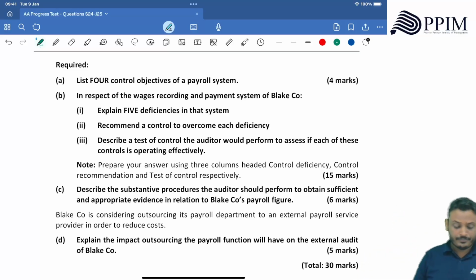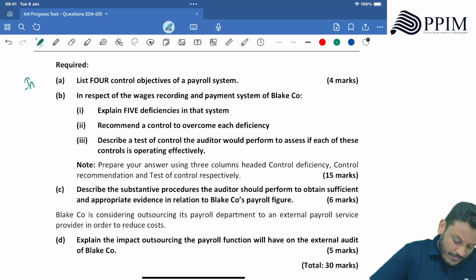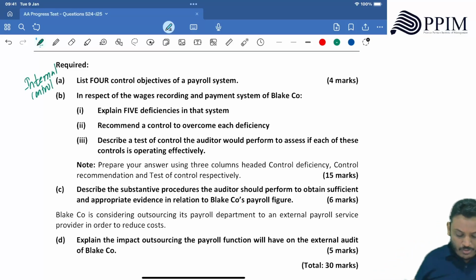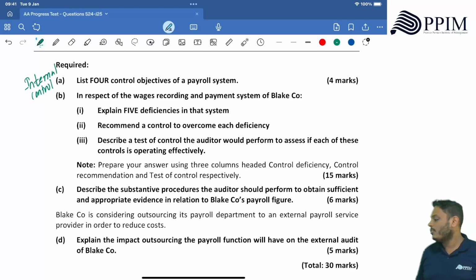See, it's a theory question which comes under the internal control topic. Why should we implement controls over payroll system?